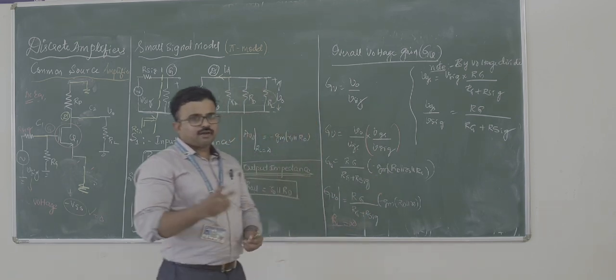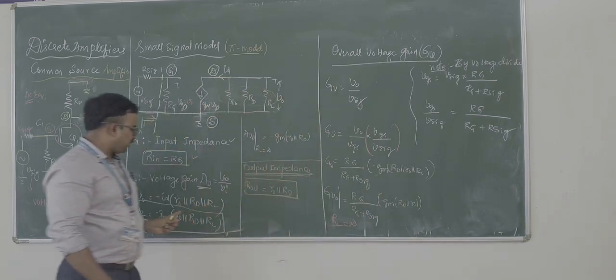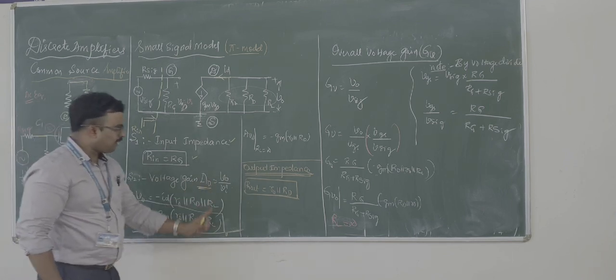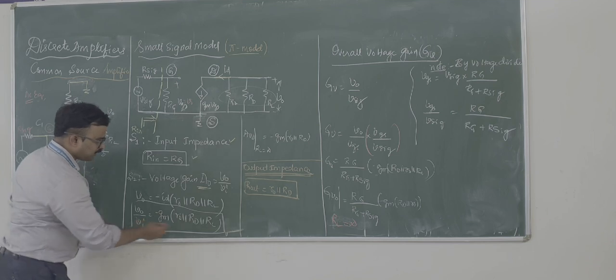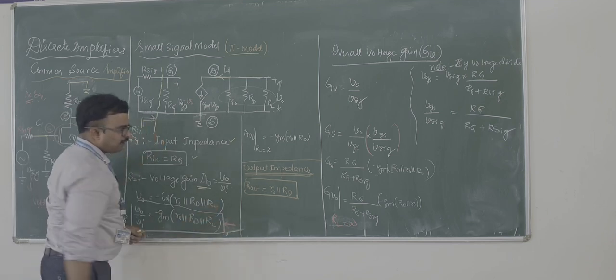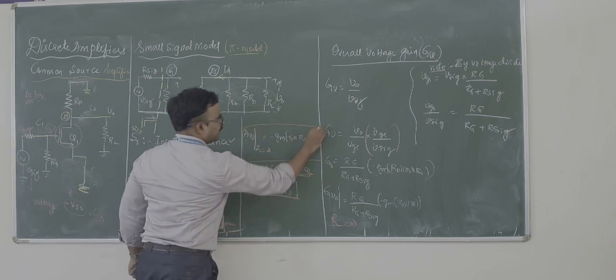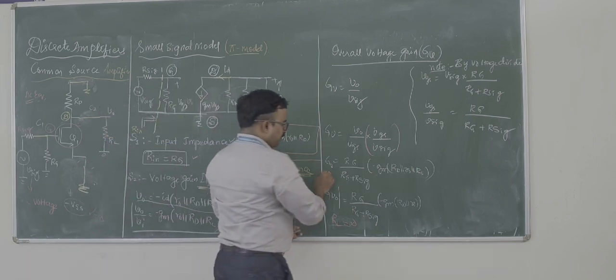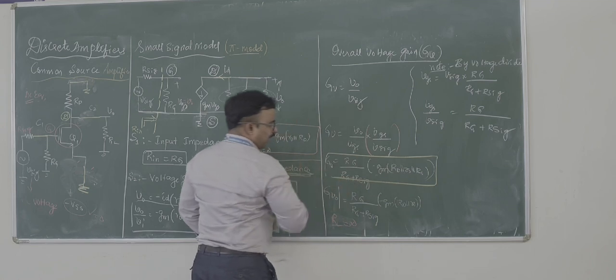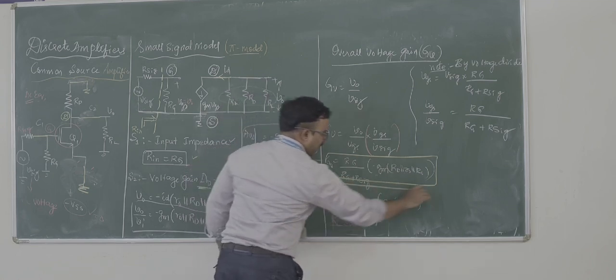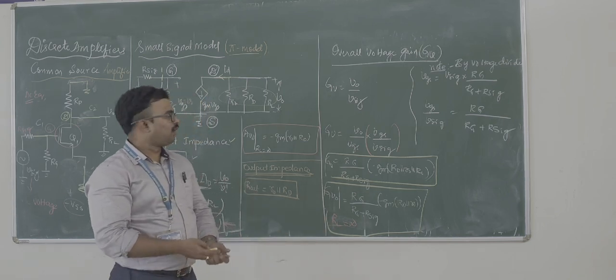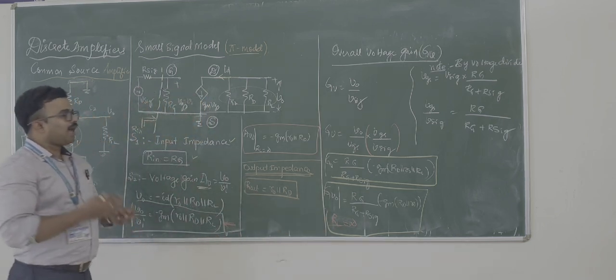So there are two different gains, overall gain and the voltage gain, each with RL and without RL. This is the voltage gain with RL, and this is the voltage gain without RL. Similarly, this is the overall voltage gain with RL, and this is without RL.